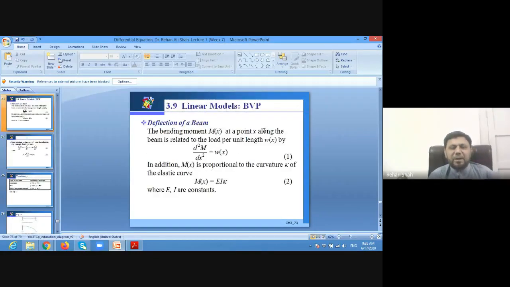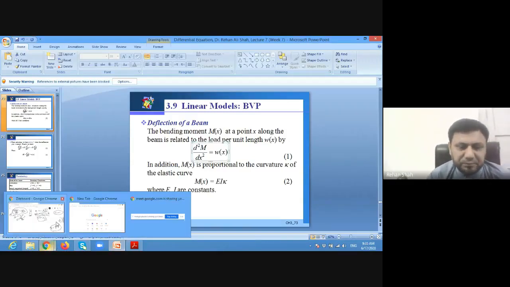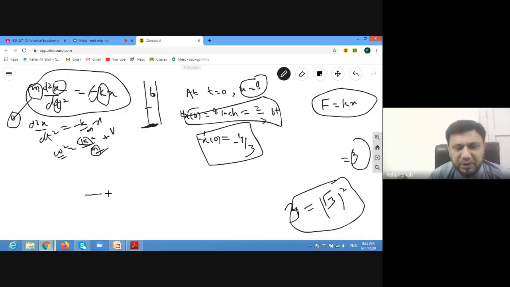So let's see, what is d square M by dx square? Remember that M is the bending moment. The more load you apply on a beam, the more its bending moment will increase. Look at this, this is a beam.